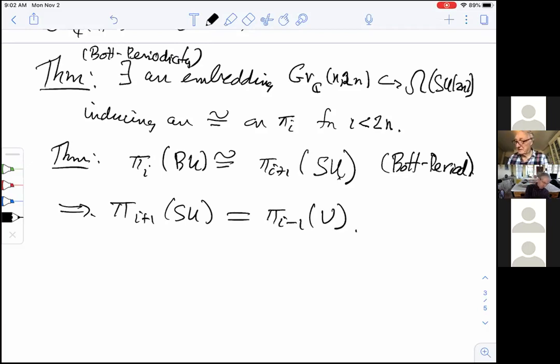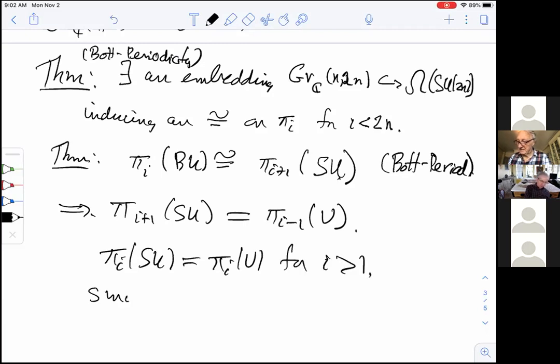Of course, pi i of SU equals pi i of U for i greater than 1, since we have the fibration, and the circle has a non-trivial homotopy group only in degree 1.